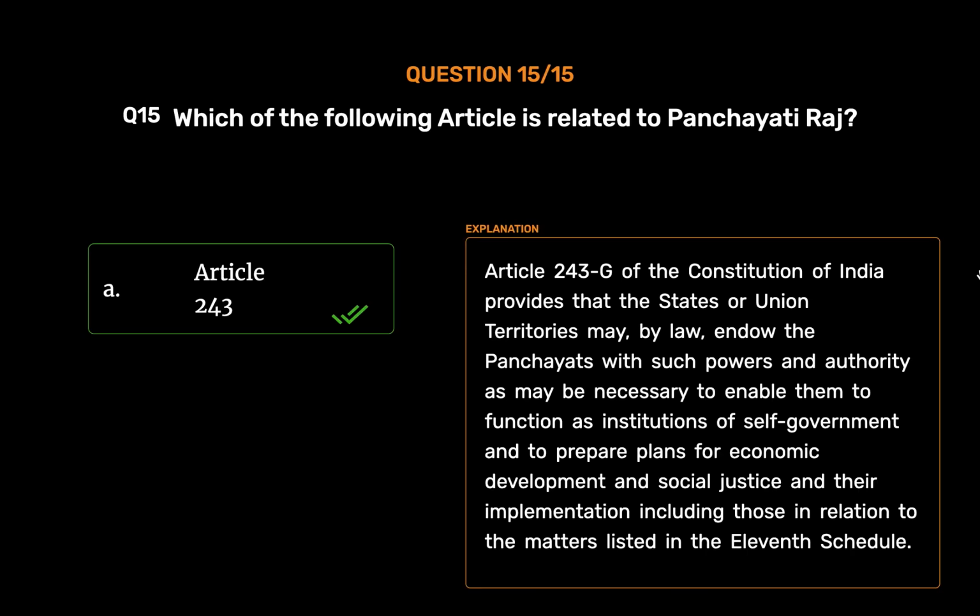Article 243G of the Constitution of India provides that the states or union territories may, by law, endow the panchayats with such powers and authority as may be necessary to enable them to function as institutions of self-government and to prepare plans for economic development and social justice and their implementation, including those in relation to the matters listed in the 11th schedule.